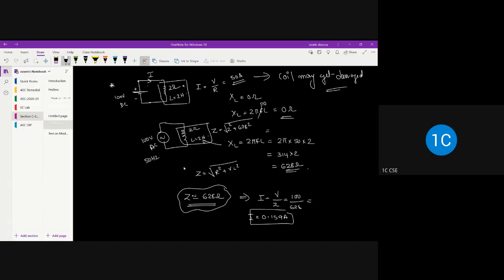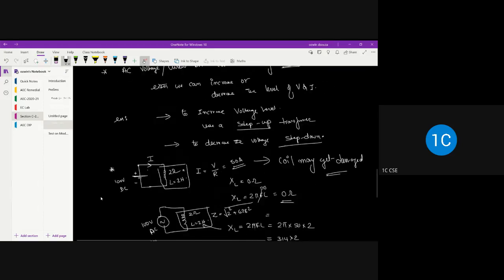That's the reason transformers cannot be operated on DC. Transformers are always operated on AC, and that's the reason it is not easy to step up or step down DC voltage, because you cannot use a transformer.